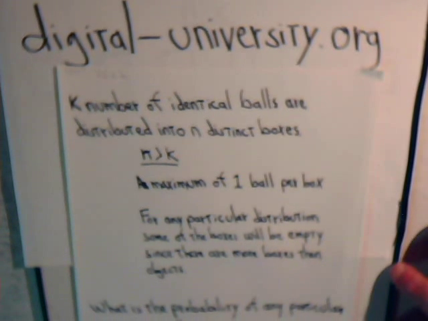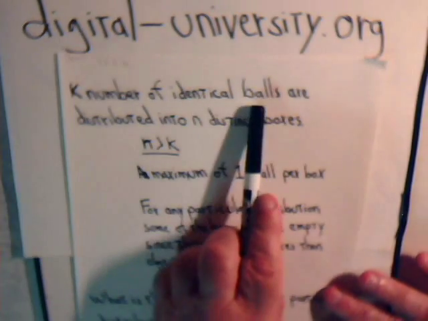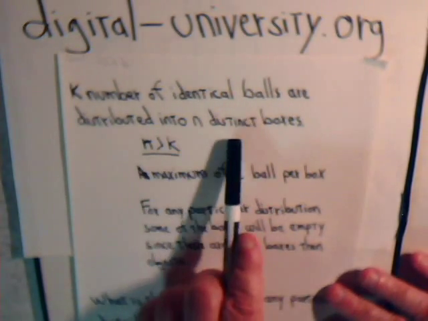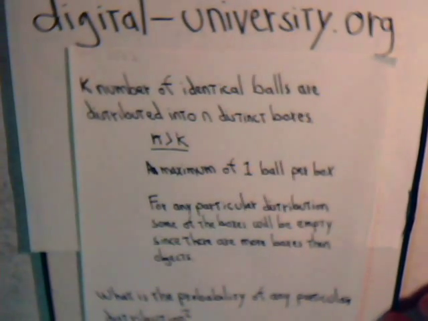Here in this video, we want to consider this problem. Suppose that we have k identical objects, and we have n boxes to place them into. We actually have more boxes than objects, and we can only place one object in each box. So obviously each time we do this, we're going to have some empty boxes left over.